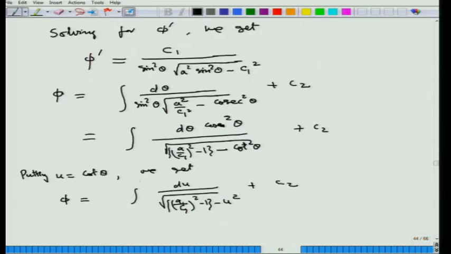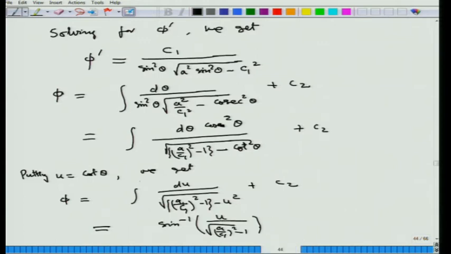So, that is sin inverse of u by square root of (a by C1) whole square minus 1, evaluated at theta 1 to theta 2 here.